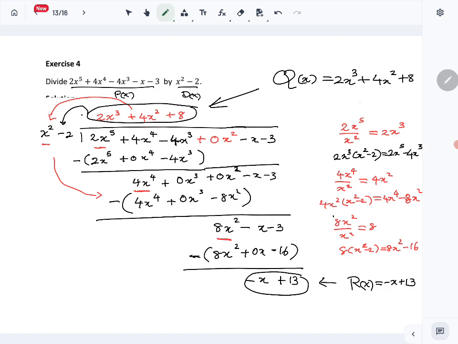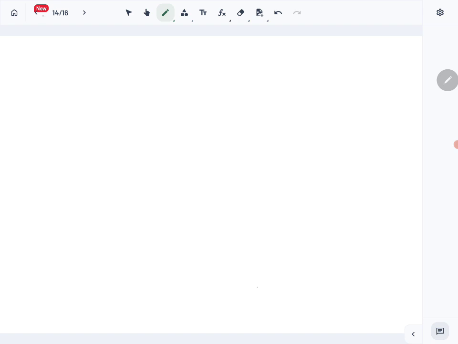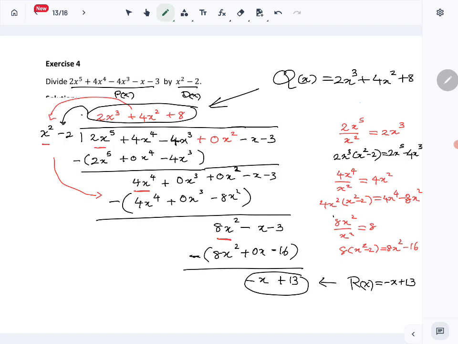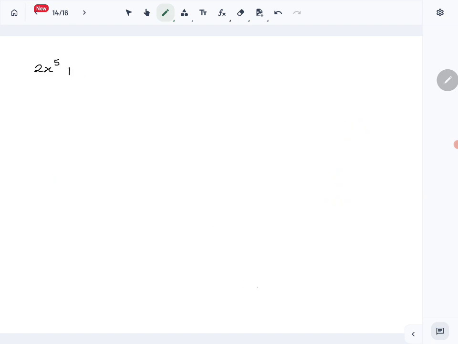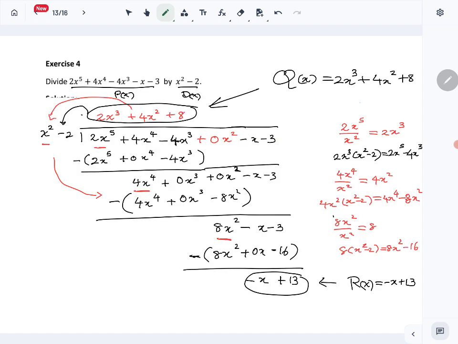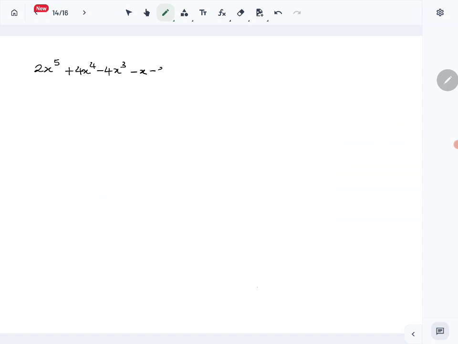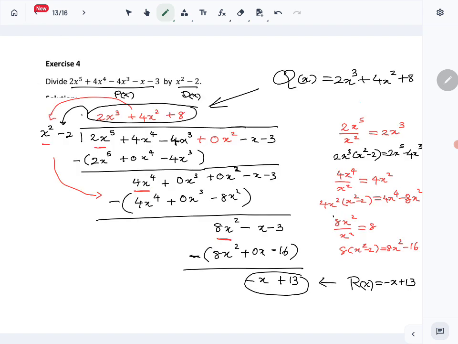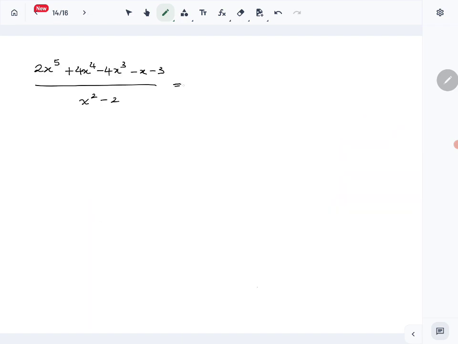So we'll write this in division algorithm form, both forms. So you have 2x to the 5 plus 4x to the 4 minus 4x cube minus x minus 3 divided by x squared minus 2 is going to equal the quotient 2x cube plus 4x squared plus 8 plus remainder, which is what?